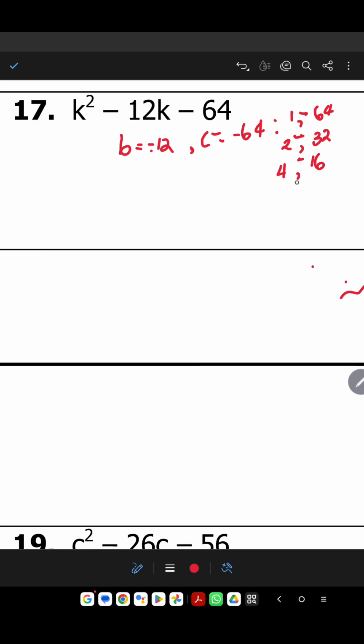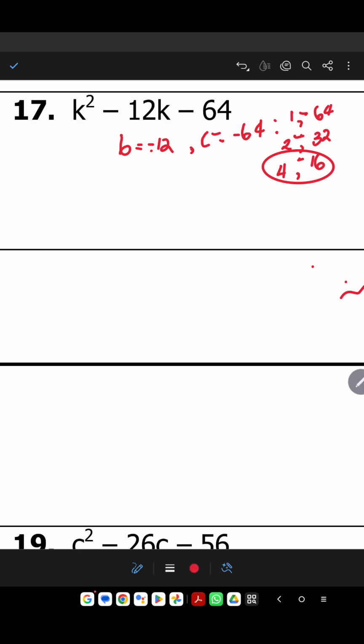If we use 4 minus 16, guess what, guys? This is our winner. So 4 minus 16 is equal to negative 12. And if we multiply the 4 and the negative 16, our response will be negative 64.